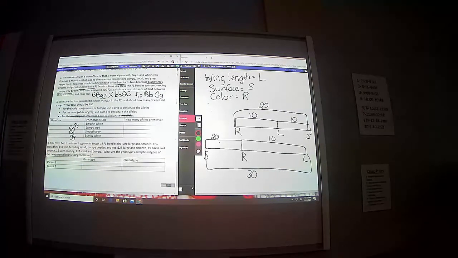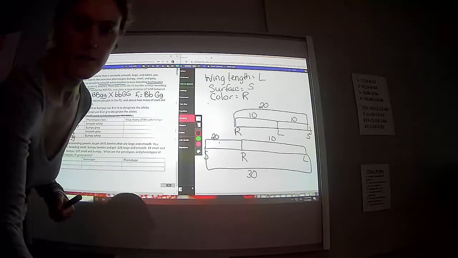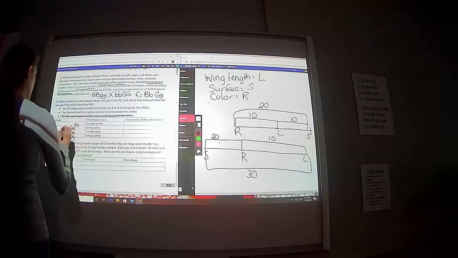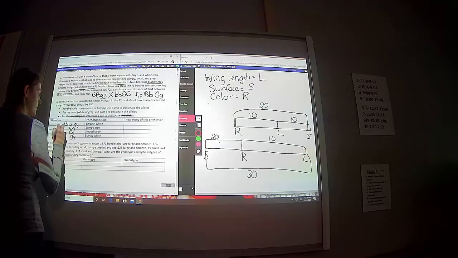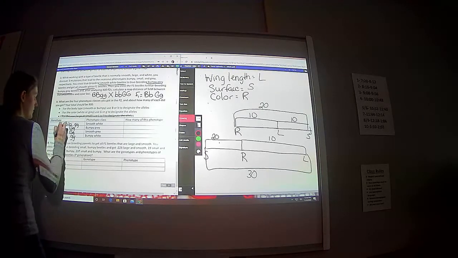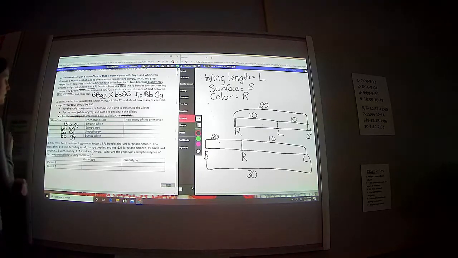You cross the F1 true breeding beetles to the bumpy gray beetles. That's 800 F2 to calculate the distance between the smoothness and the color loci. Hold on 1 second here. All right, so we got capital B for smooth, lowercase b for bumpy. It's going to be all lowercase ones. Smooth is going to be heterozygous.